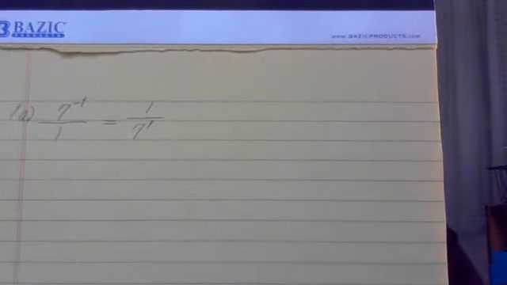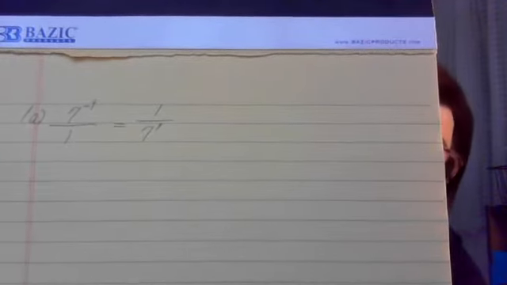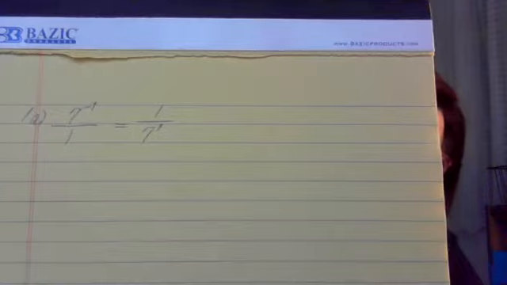No. Okay. And then it says solve, which means they want you to move on and tell you what that actually is equal to. And 7 to the first power is what? 7. 7 to the first power is equal to? Is it 7? Yes.